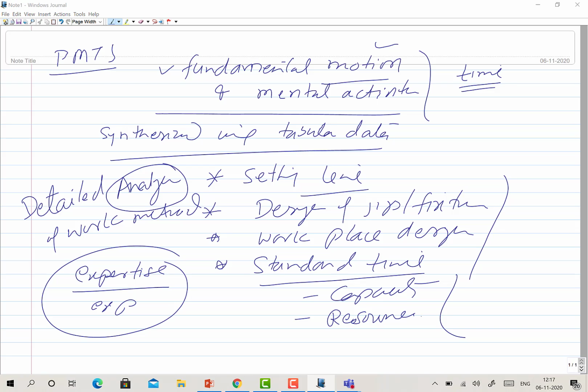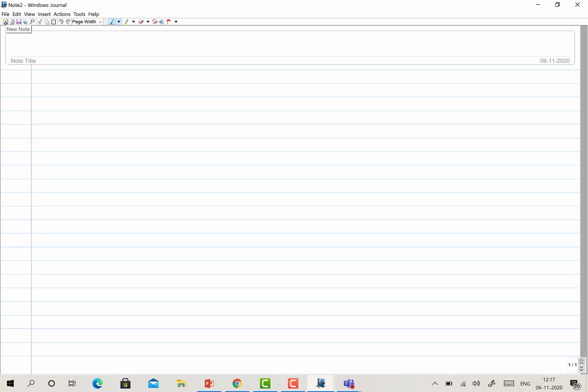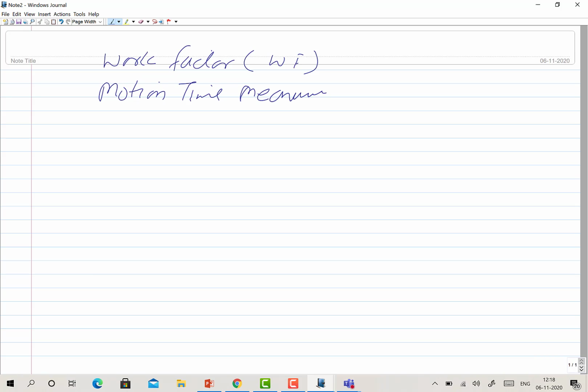So, as I told you yesterday, there are four PMTS methods which were developed long back. One is the work factor method, commonly designated as WF. Another is the motion time measurement method, commonly known as MTM.